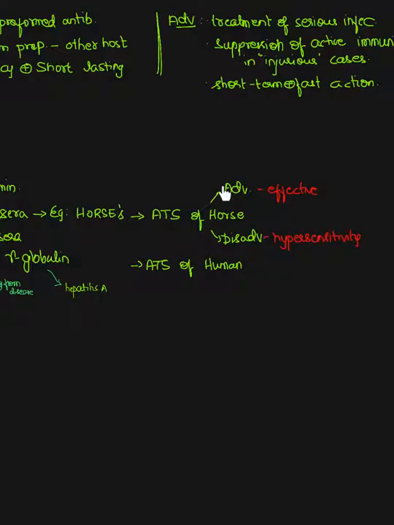The advantage was that it was effective, but the disadvantage was that it caused hypersensitivity reactions and other allergies, because the sera was not of the same species. Nowadays we are using the ATS of humans, which gives much better and longer protection, as well as eliminating the tetanus bacteria.